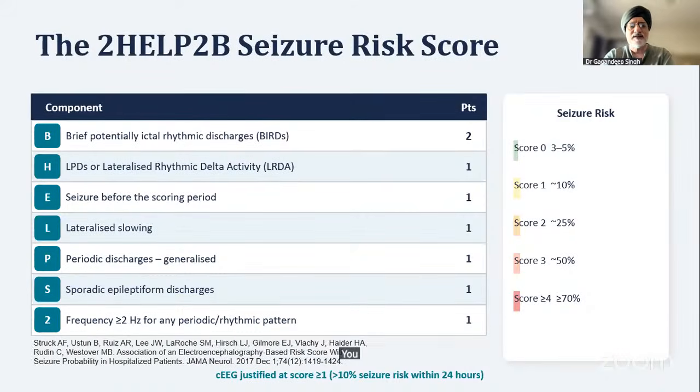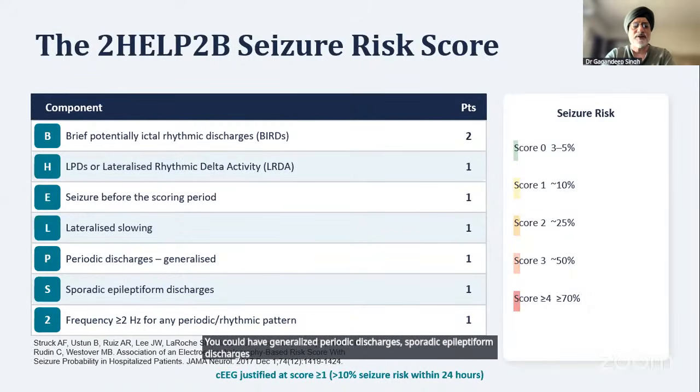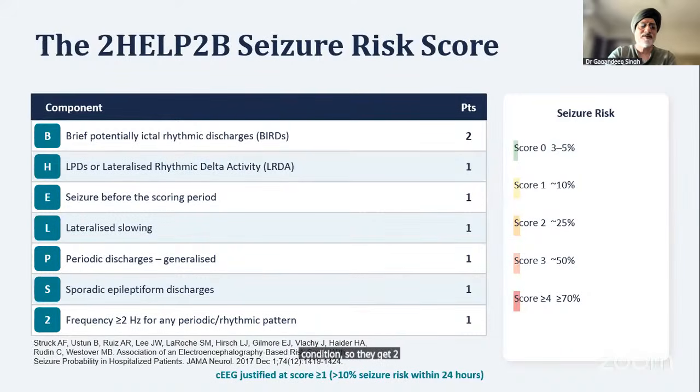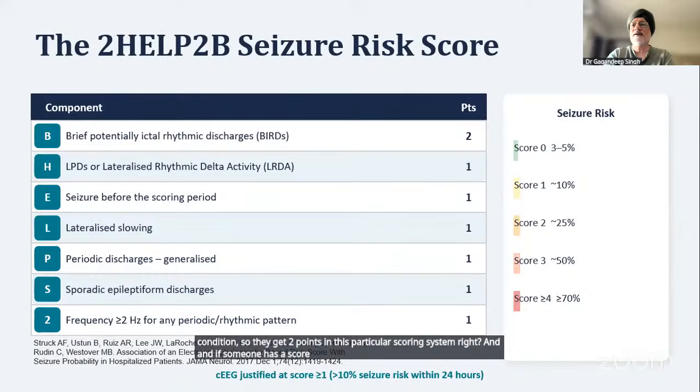You could have generalized periodic discharges, sporadic epileptiform discharges, and then if the frequency for any of the periodic patterns is more than 2 Hz. So total points is 7, right? And BIRDs are probably the most epileptogenic condition, so they get 2 points in this particular scoring system, right?